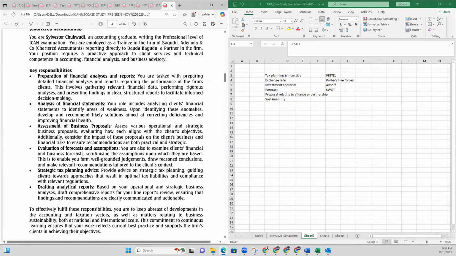But in my JD, assessment of business will assess various operational and strategic business proposals, evaluating each against client objective, client business and risk, and evaluation of forecast and assumption. By the time you look at it very well, I can't see any responsibility that says you are to do environmental assessment now.